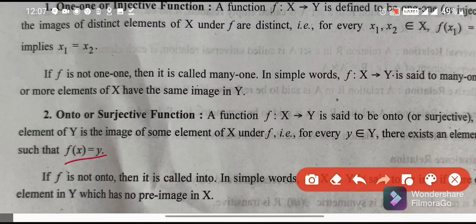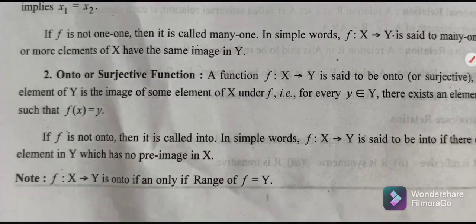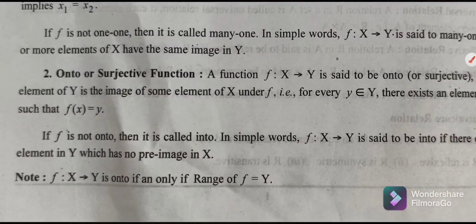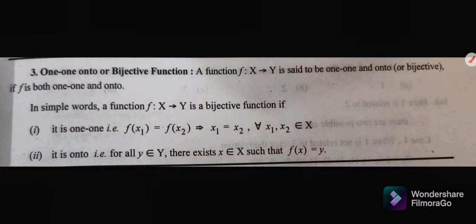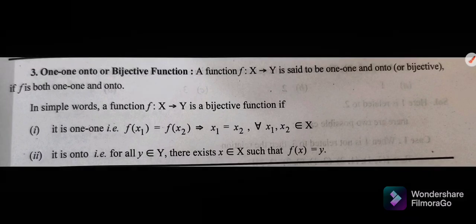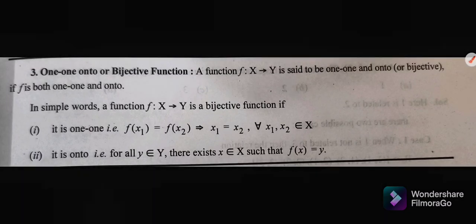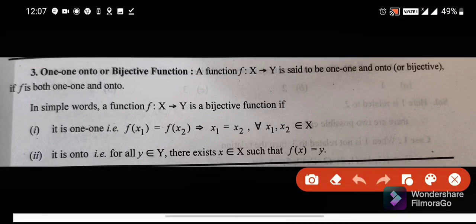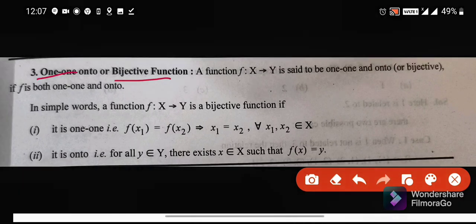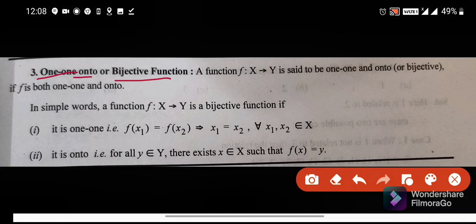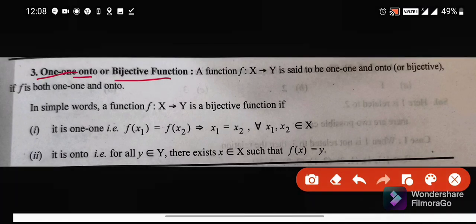Then it is called onto function. Next is one-one onto or bijective function. Bijective means both one-one and onto. If a function is one-one and onto, then it is called bijective function.